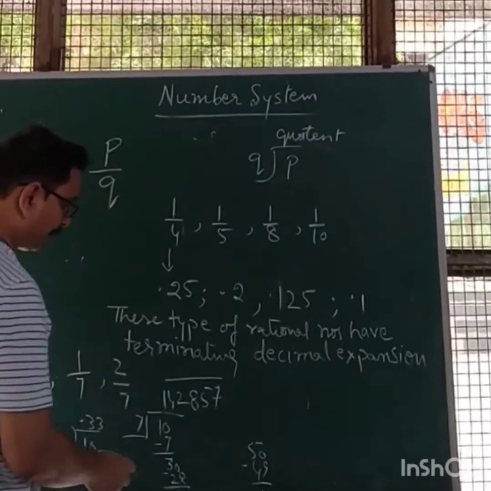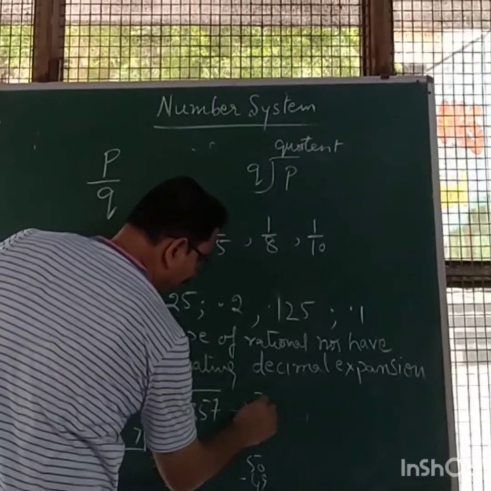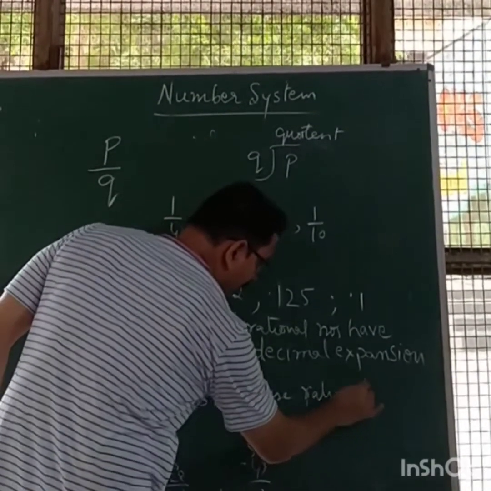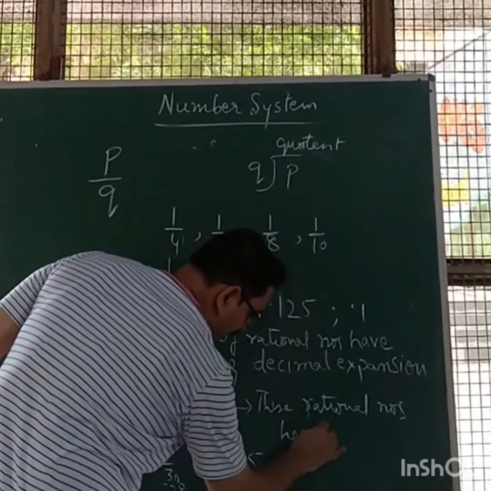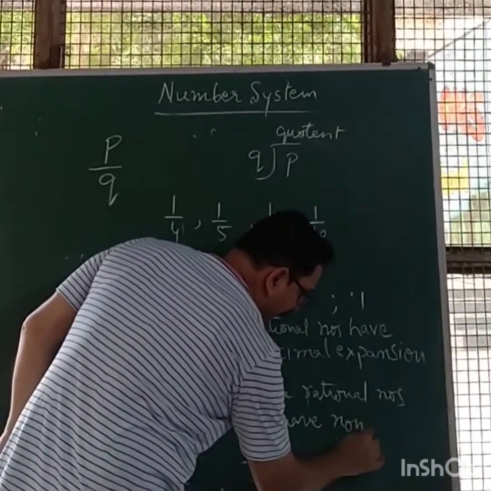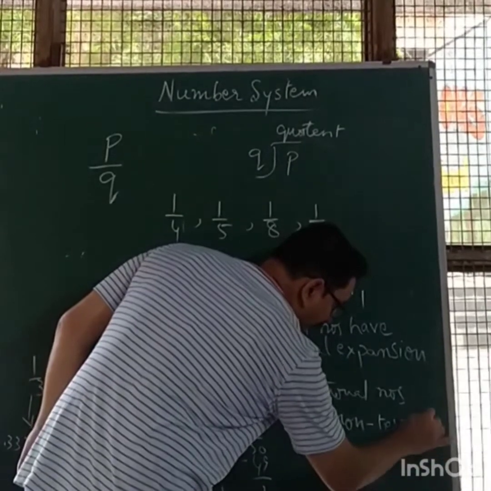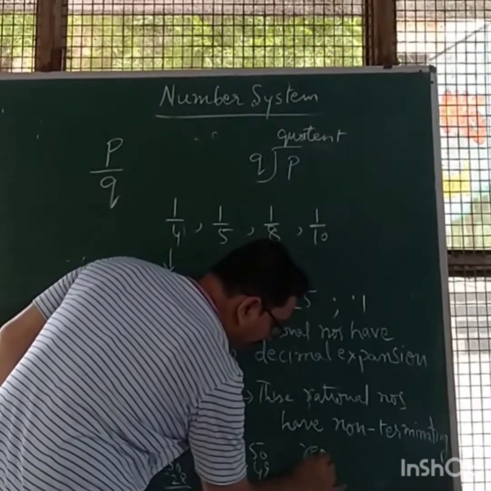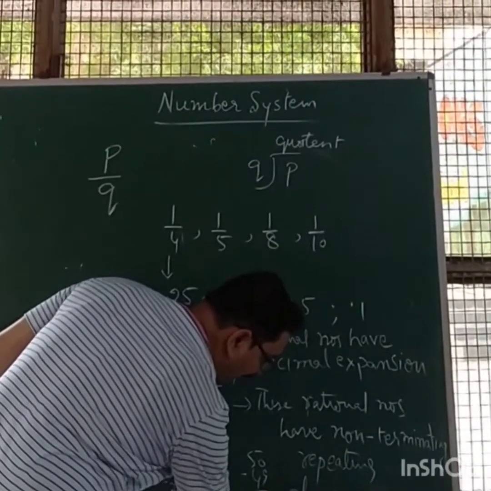So these types of rational numbers have non-terminating repeating decimal expansion.